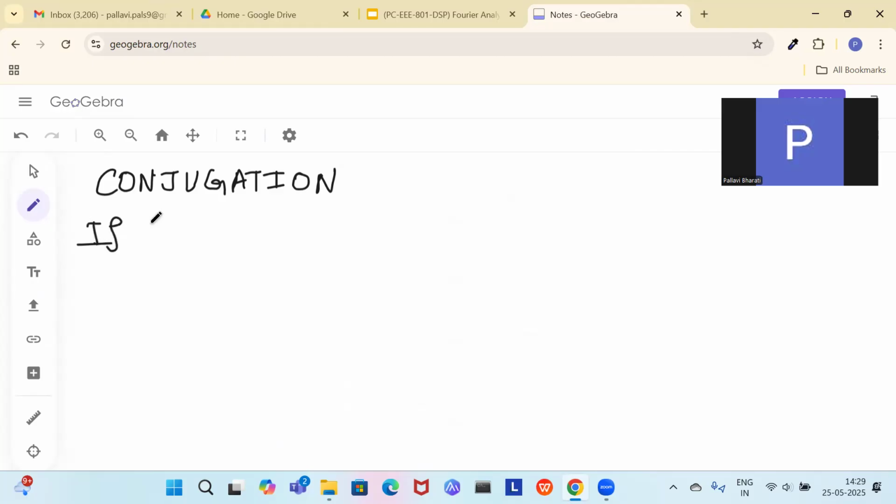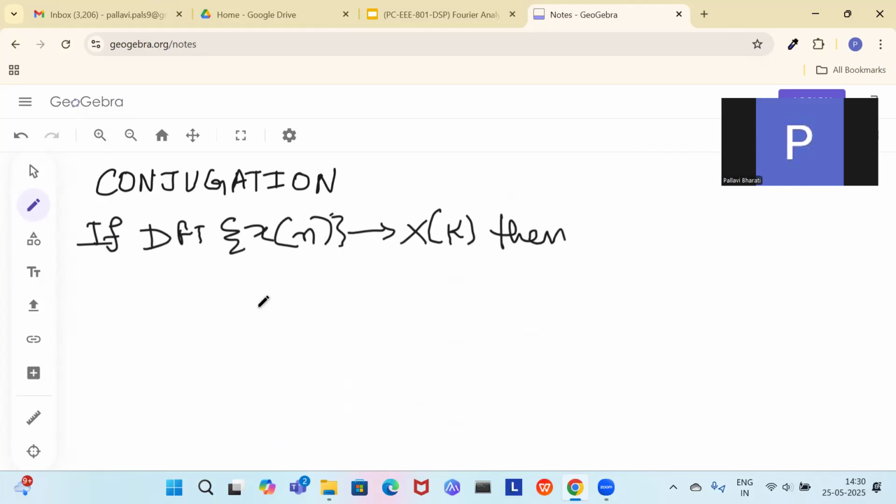If DFT of x of n is x of k, then always conjugation you are denoting with star. DFT of x star n is going to be x star n minus k.